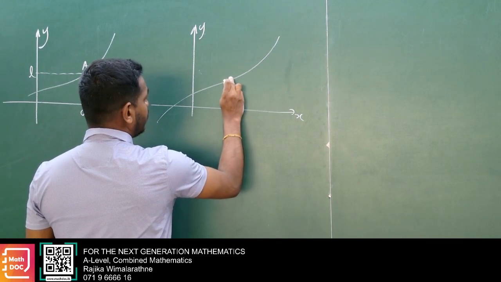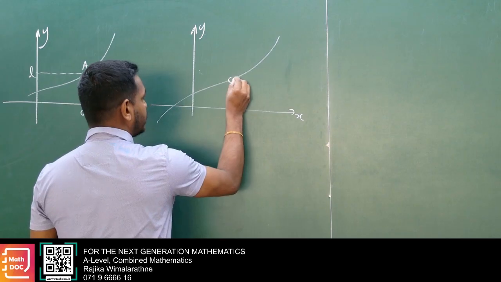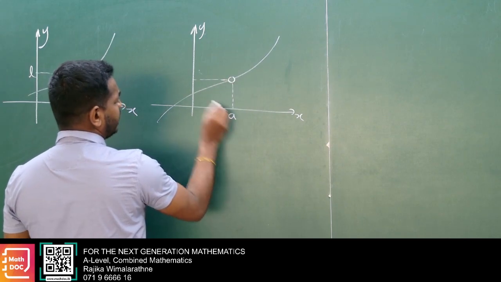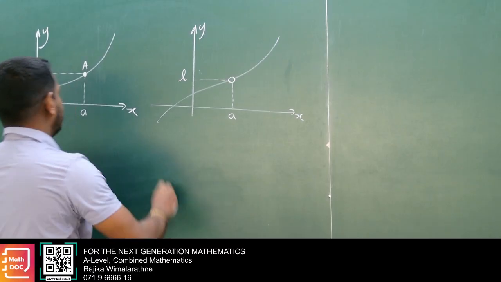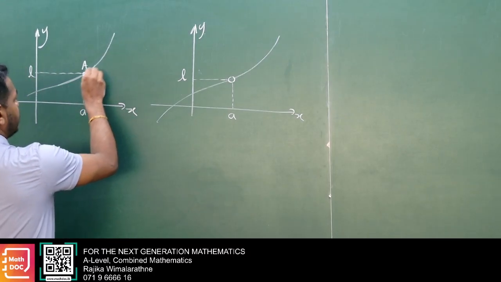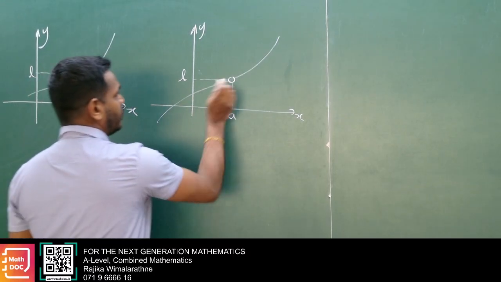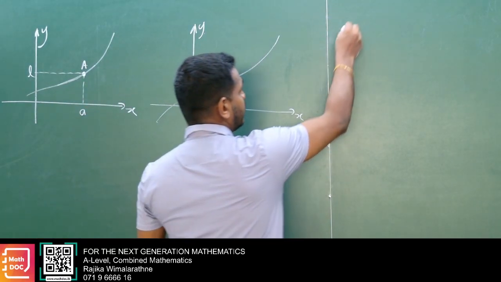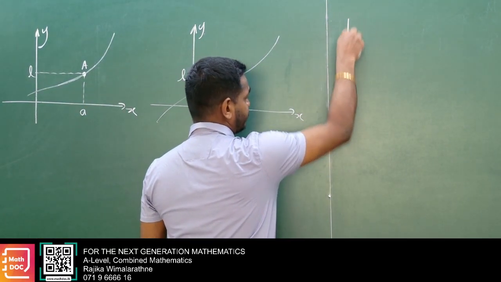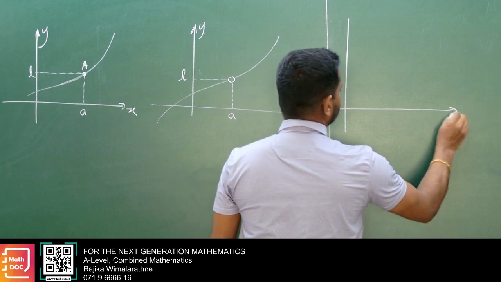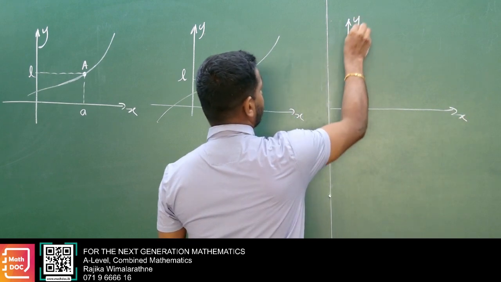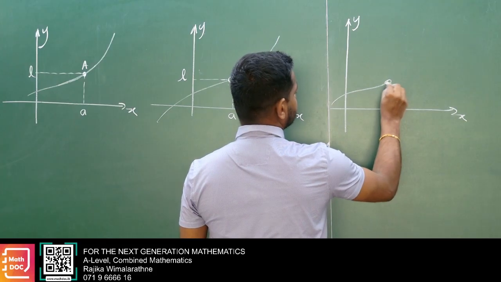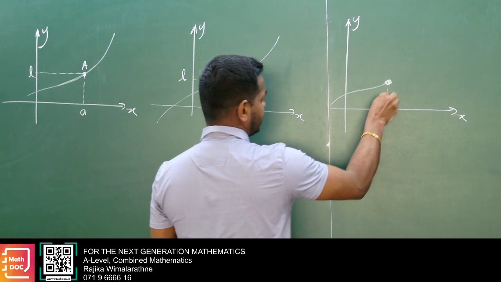I'll get here a hole at A. Here A, here L. Here this is not a hole, and here there's a hole. Second type. Now you see another type. Here x-axis, y-axis. Take a function like this. Here A.